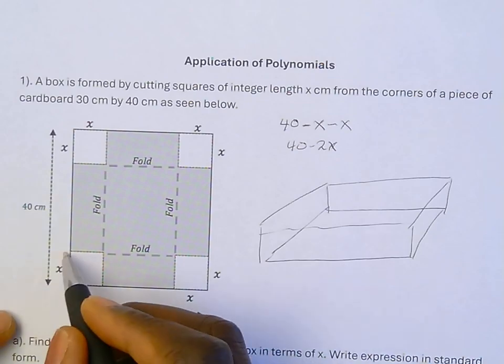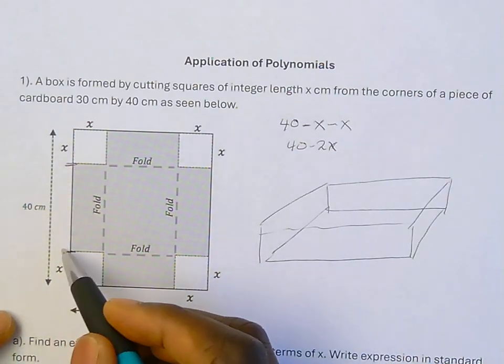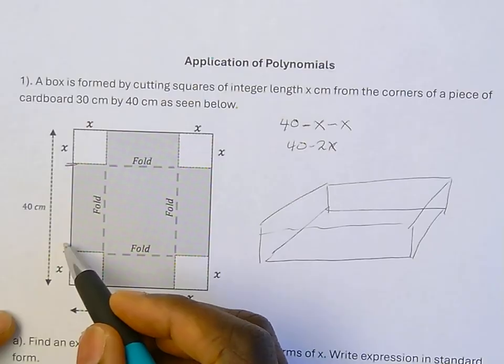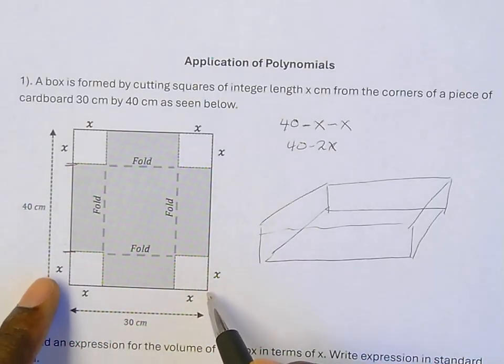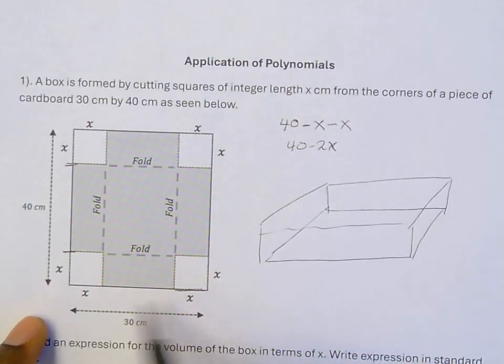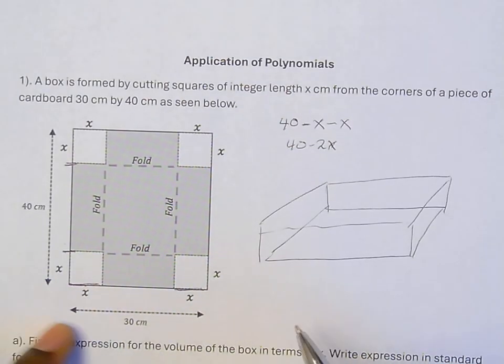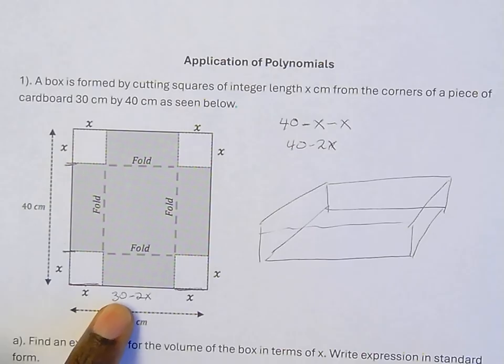From here to here, it's going to be 40 minus 2x. Then on this side, which is 30 centimeters, we cut off x, we cut off x, so we are going to be left with 30 minus 2x. So that's what we're going to have.